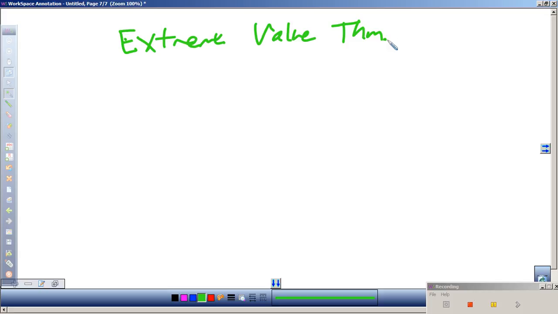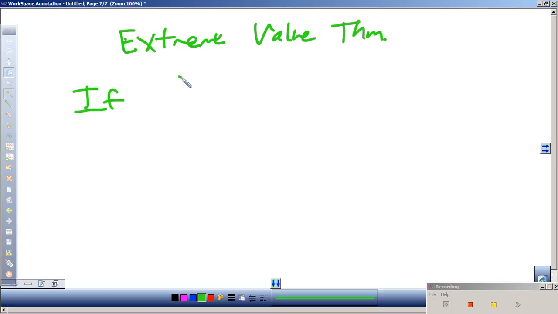When we talk about extremes of a function, what would this mean? Maximum or minimum. So when we talk about the extreme value theorem, it deals with maximums and minimums.